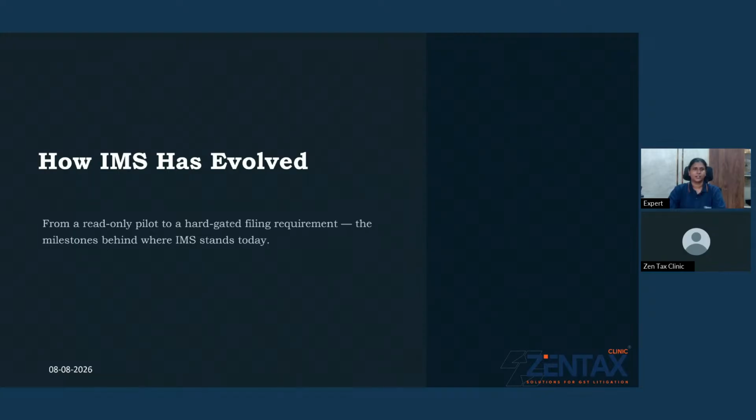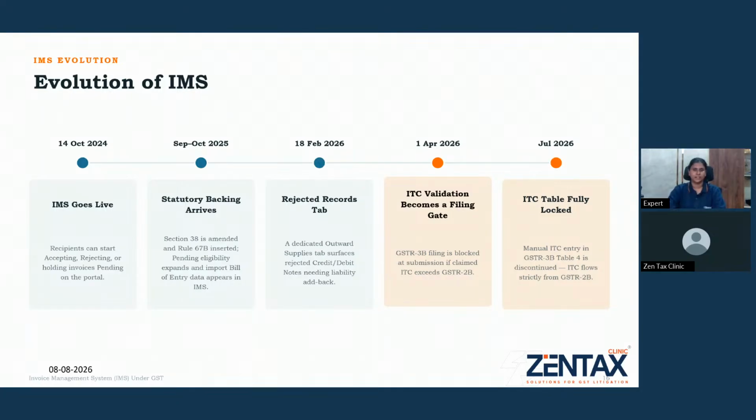Now moving on, we will see how this IMS system has evolved in our practical approach. First, in October 2024, the Invoice Management System goes live. The recipient can start accepting, rejecting, or holding invoices, and they can also keep them pending on the portal. During September and October 2025, the Invoice Management System is backed by statutory provisions.